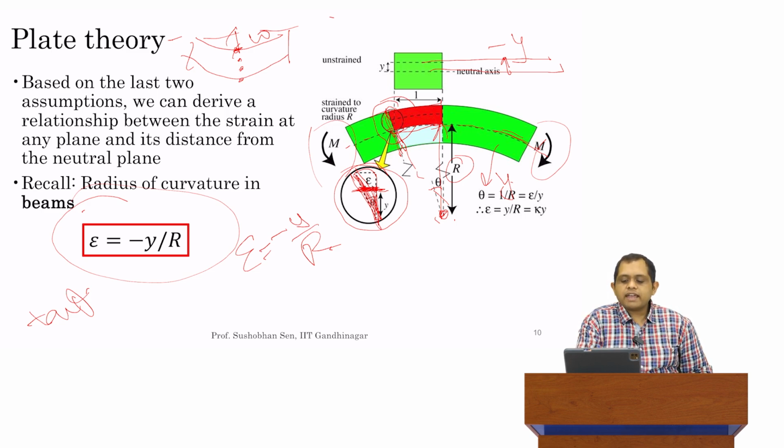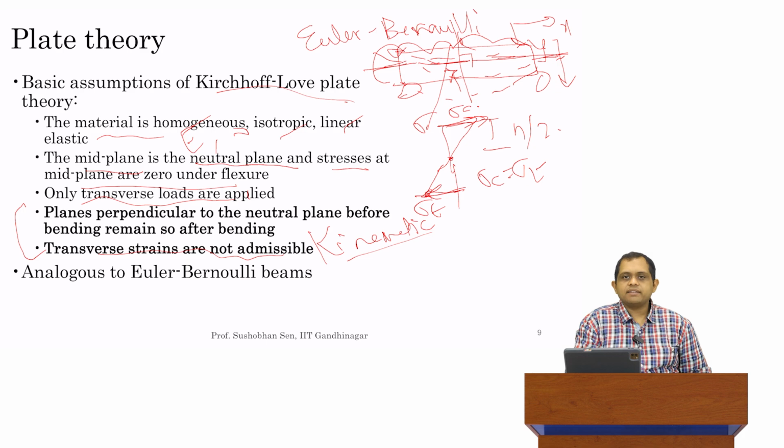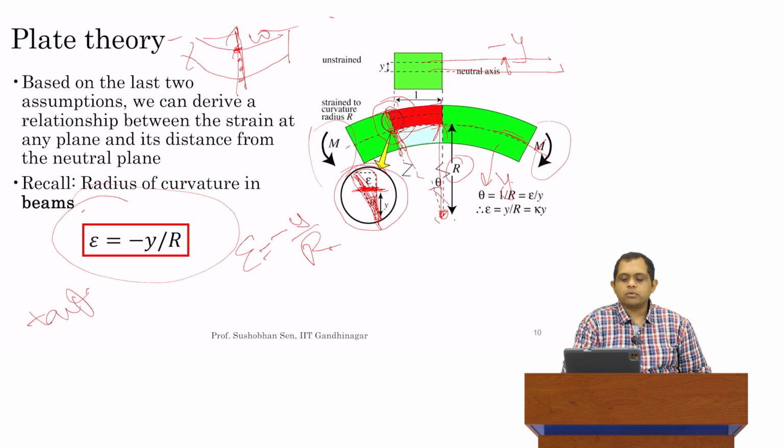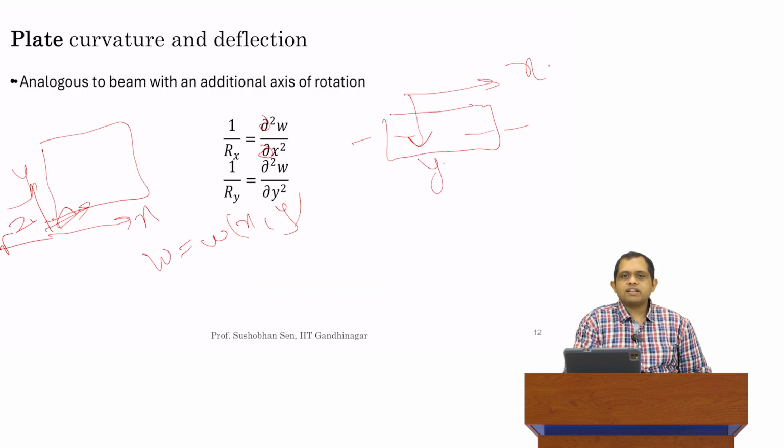So I do not have any displacement in the transverse direction. That's one of the basic assumptions that we made about plate theory. That's also an assumption made in Euler-Bernoulli theory. So that's another way of saying w is a function of x and y only. It's not a function of z. So 1 over Rx is the second partial derivative of w with respect to x, and similarly for 1 over Ry. We have these two relationships.